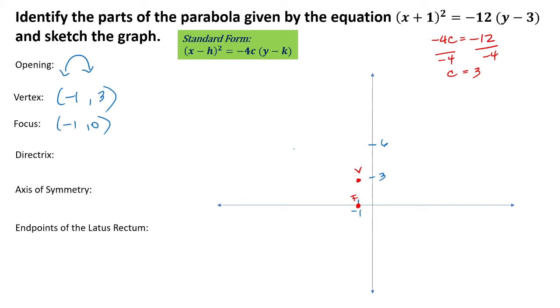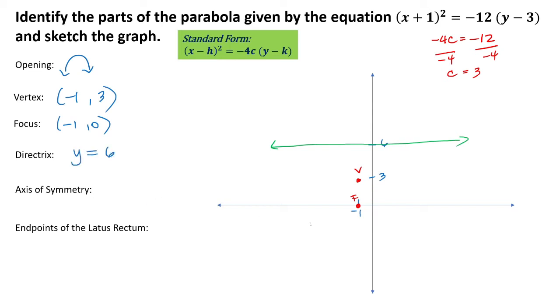Remember that the directrix is a line. So for this case, since this is a downward facing parabola, the directrix is perpendicular to our y-axis. So the equation would now be y is equal to 6.